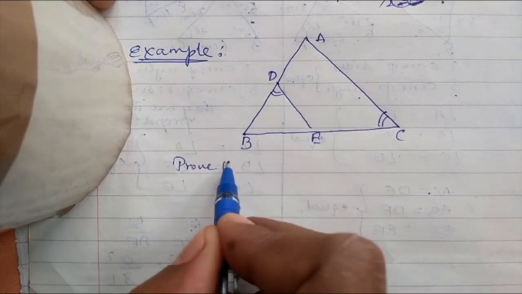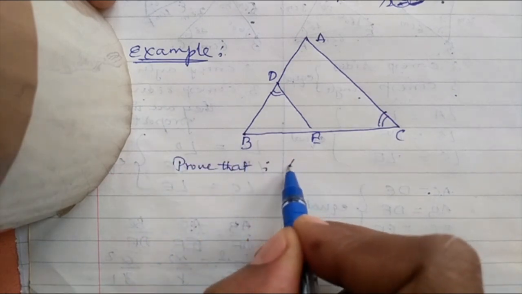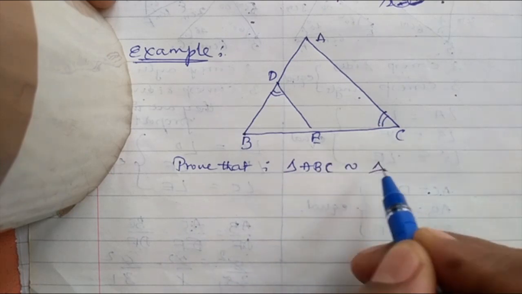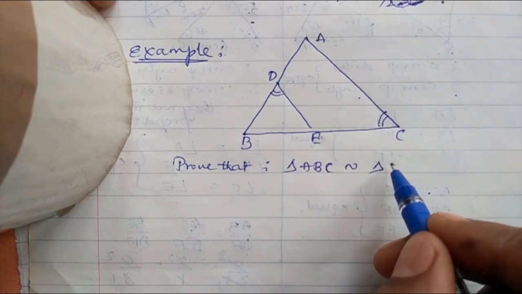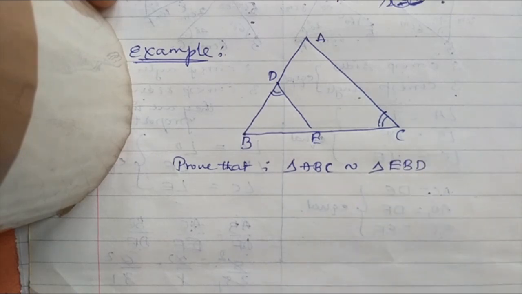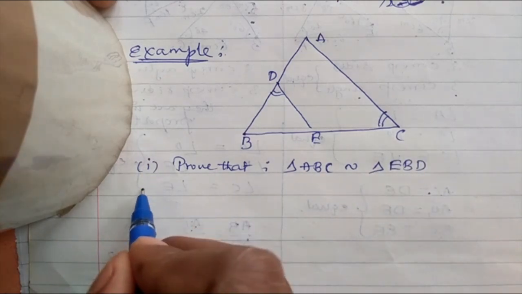Prove that triangle ABC is similar to triangle EBD. This is the first sub question.